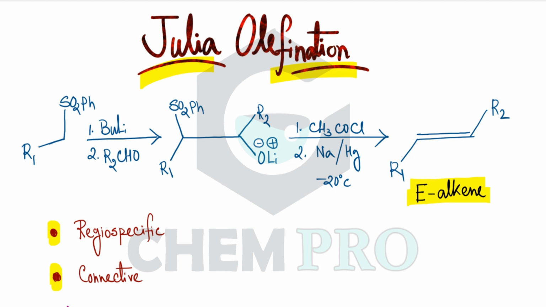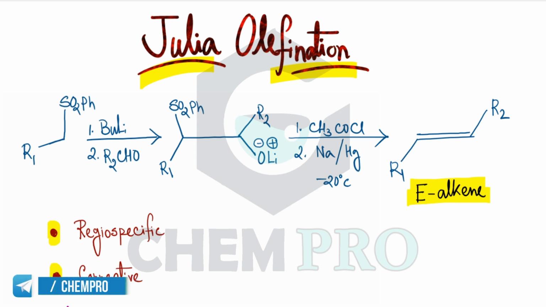Julia Olefination reaction. This is a regiospecific and connective reaction, and the alkene is formed by joining together two separate fragments, and the reaction undergoes with a sulfone stabilized anion.